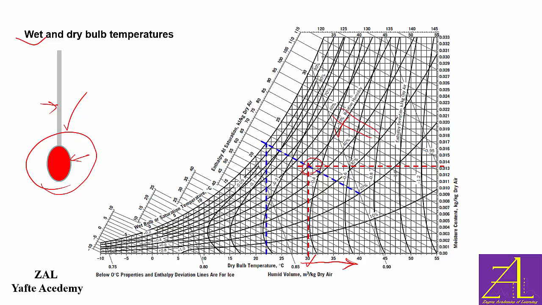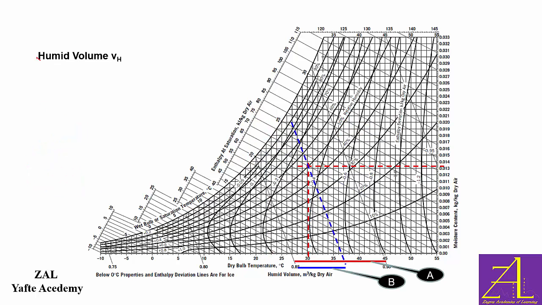So I go parallel until I intersect the last curve, 100% relative humidity, and then I can read 22 degrees there. So you see this is 20, this is 25, so that is 22. That is exactly opposite to 22 here as well. So if you come down from there, you can see 22 degrees on the horizontal axis as well.